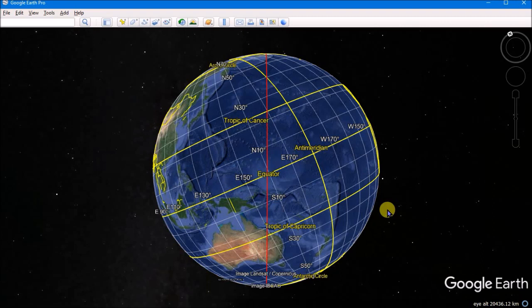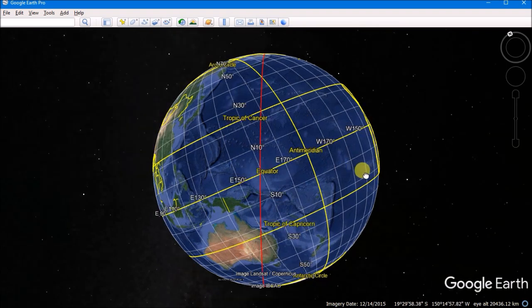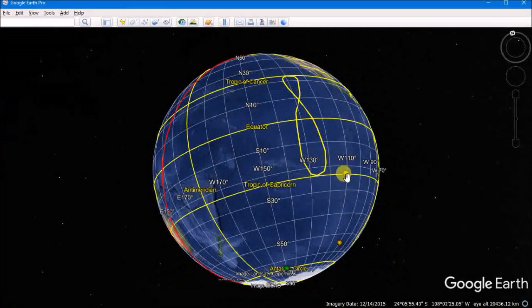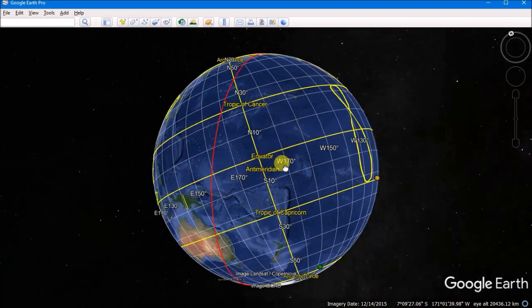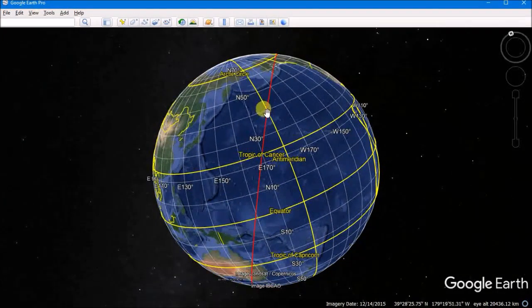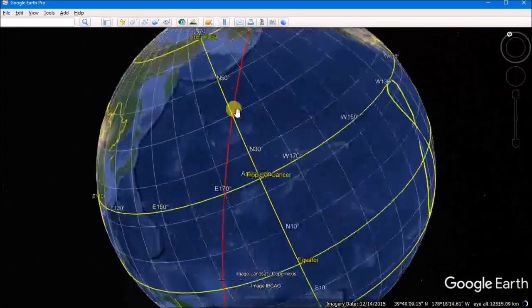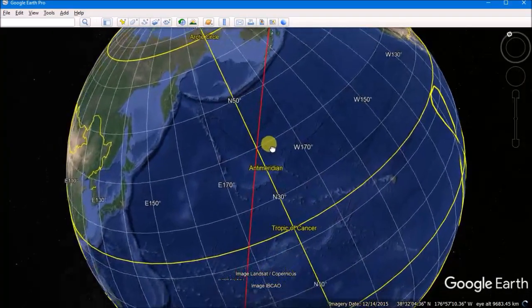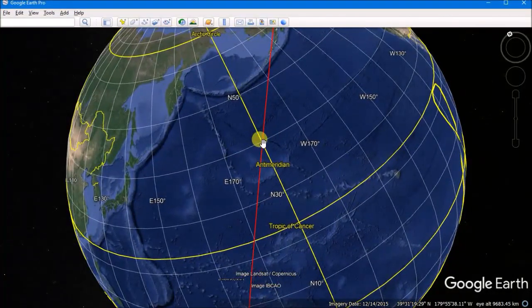Now here's the bonus: figuring out day length at any latitude for any given date. Now that we have this circle originated from this position of the subsolar point, this is the winter for the northern hemisphere. So you pick any latitude. Let's say this latitude is 40.